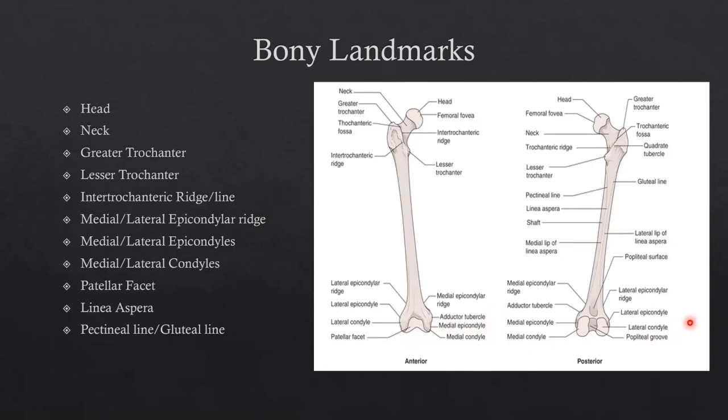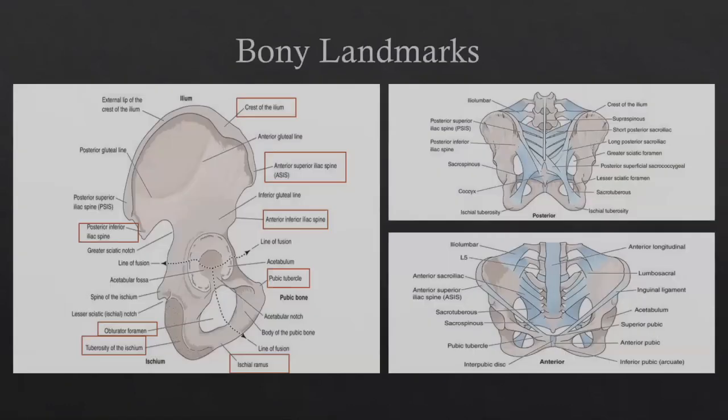Again, these landmarks can be seen on the posterior aspect of the femur as well. As I mentioned, this line is incredibly crucial for a lot of our adductor muscle groups. The greater trochanter, the lesser trochanter, and even this intertrochanteric line is important for the major hip extensors. So we're talking glute max, glute med, glute min, those sort of structures.